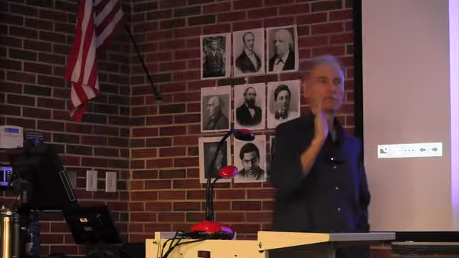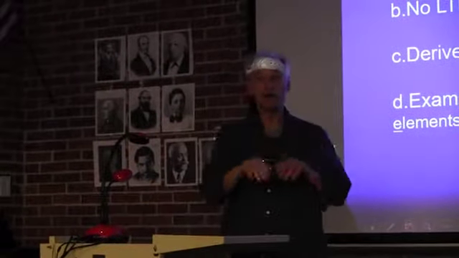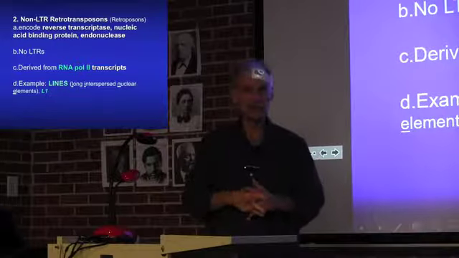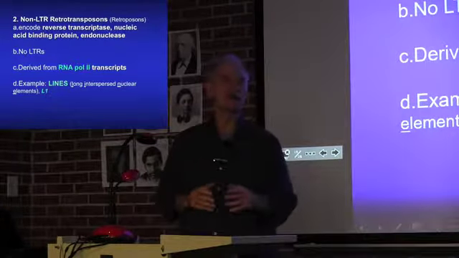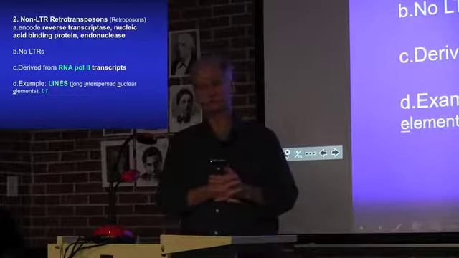Retroviruses are no longer active, the ones that we inherit. We have retroviruses embedded in our genomes, full-fledged infectious retroviruses, but they are defective now, and they haven't been active for tens of millions of years.